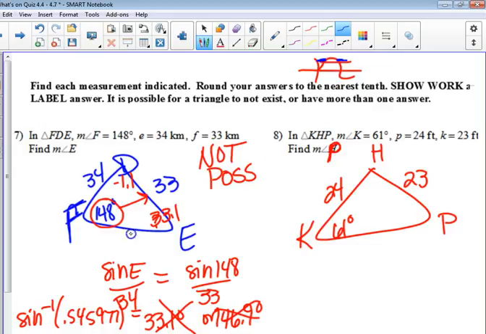But it doesn't work, but sometimes it will, and in this case it's going to be over here, okay? So sine of 61 is across from 23 in the same way the sine of P is across from 24. Anybody get 0.9126?